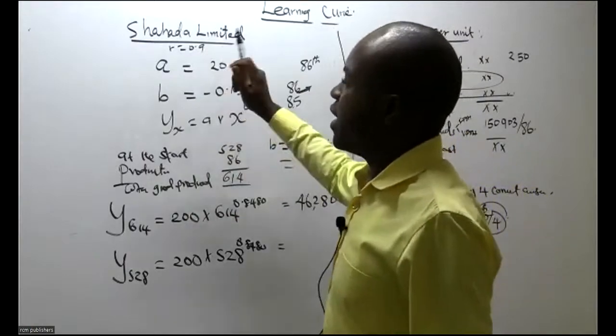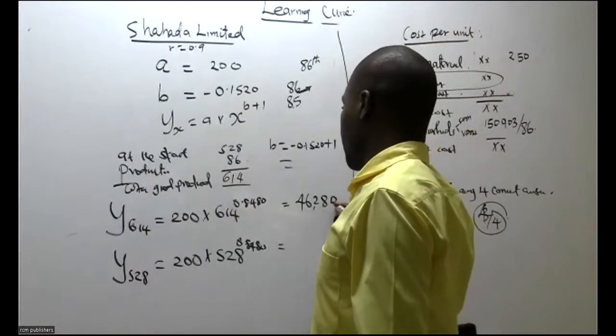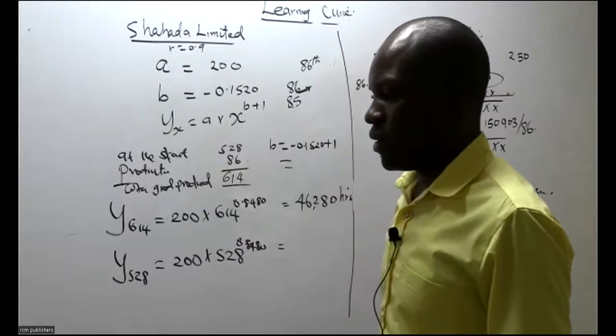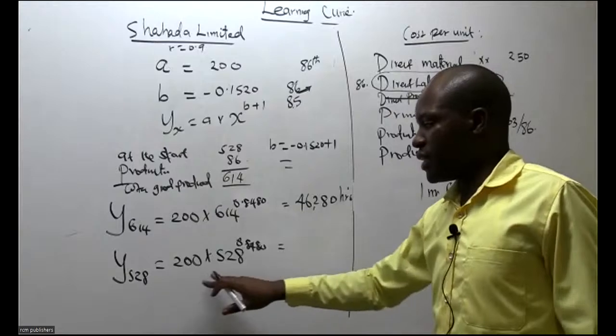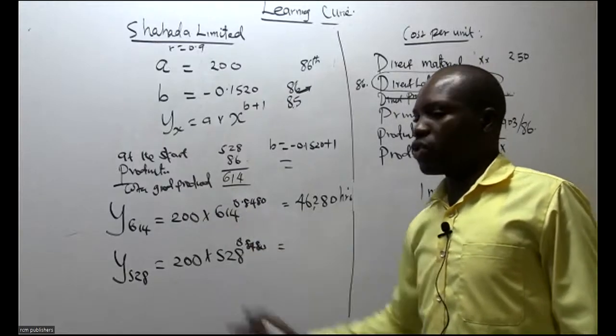Here, we were given the labor hours per unit, so this will not be shillings but hours. Let's go to the second one, 528. You take 528 raised to the same power, times 200.